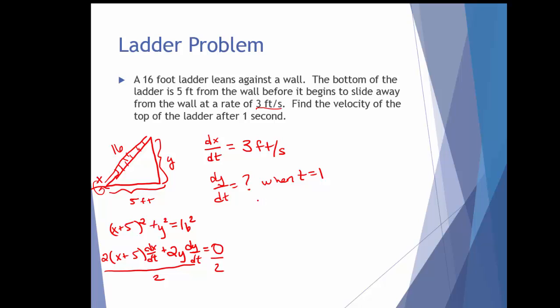That will get us (x + 5) times dx/dt plus y times dy/dt equals 0. So we need to be able to plug in for x, for dx/dt and for y. We don't expect to plug in for dy/dt because that's what we're looking for. dx/dt is 3. That's the one that's already written here.